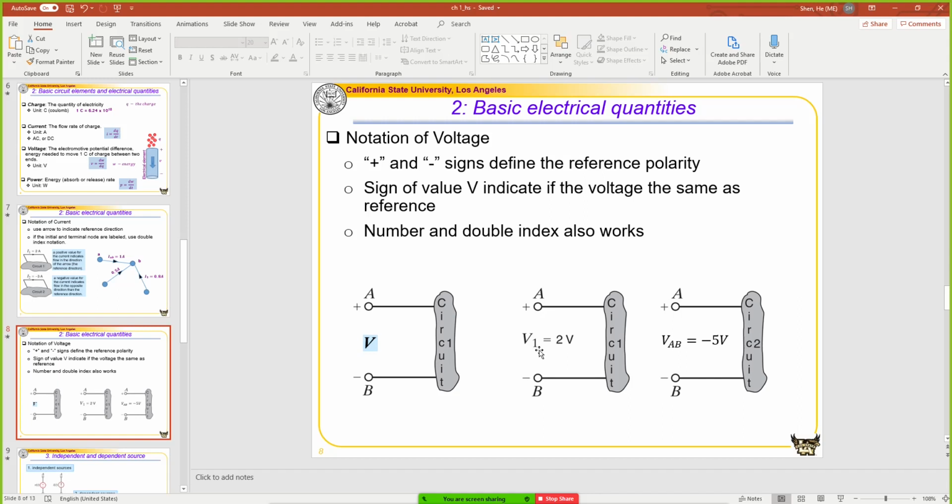In addition to using numbers, we can also use the nodes to label the voltage. We can label it as VAB, meaning A with respect to B, equal to negative 5 volts. Similar to what we had for the current, if we have a negative number, it basically means in reality, B is higher than A by 5 volts.